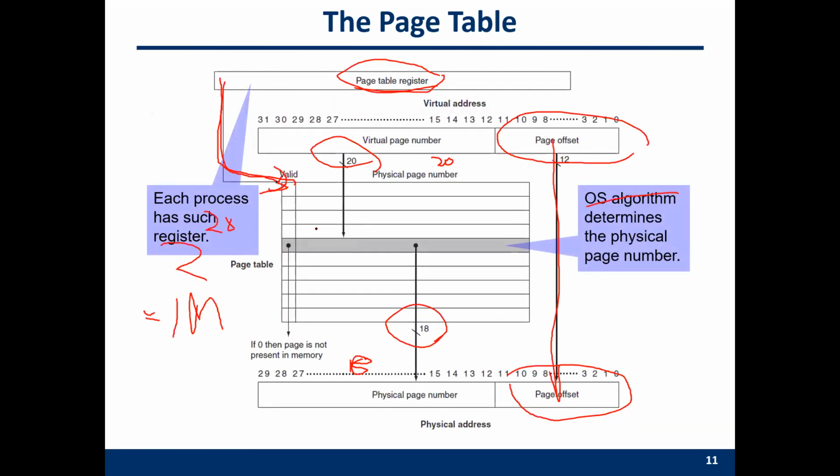And besides, we just talked about the size of the table. Besides the virtual memory and the physical memory bits, these 20 bits and this 18 bits, we also need some state bits to indicate some other information, for example, whether this page is in the memory or in the disk or in the SSD, right?